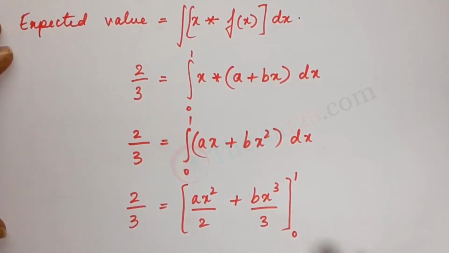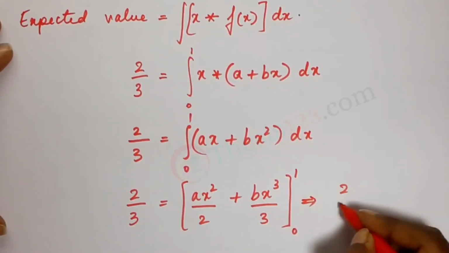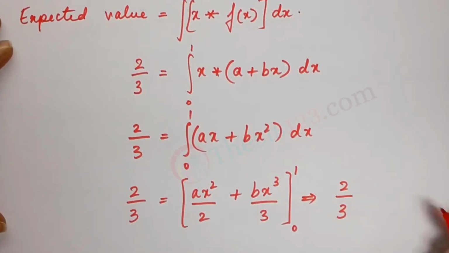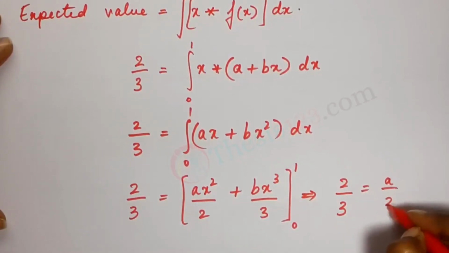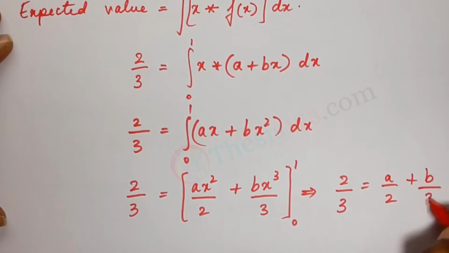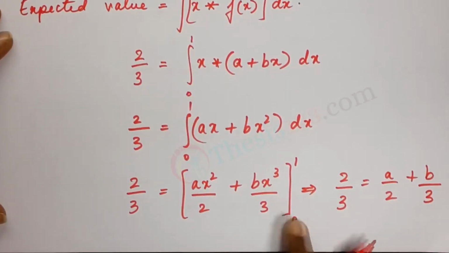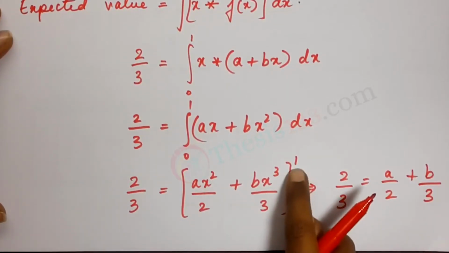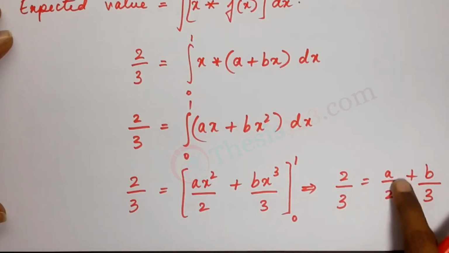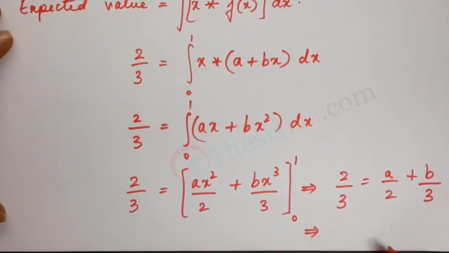Now if we substitute the values, we'll get 2 by 3 is equal to a by 2 plus b by 3. Because if we substitute 0, it's 0, so we might as well just take 1. Now if we resolve the fractions, we get 3a plus 2b equals 4. Let's call this equation 2.